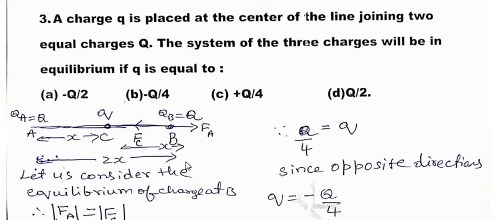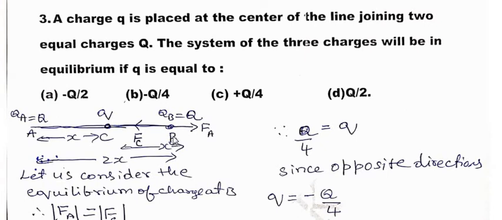We will study the force on one of the charges. I will consider the equilibrium situation on the charge at B. So when you think of the charge at B, what are all the forces acting on it?